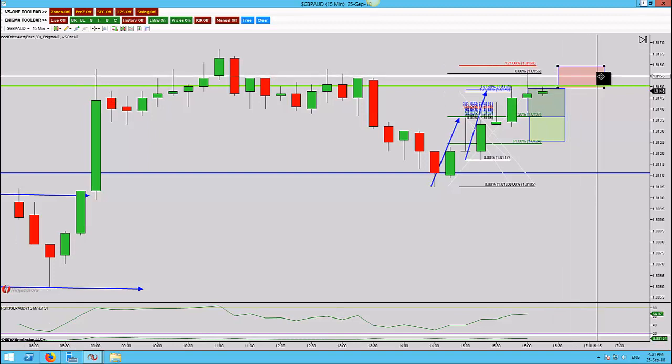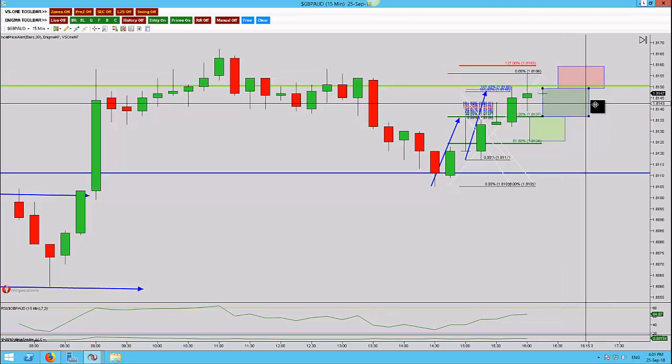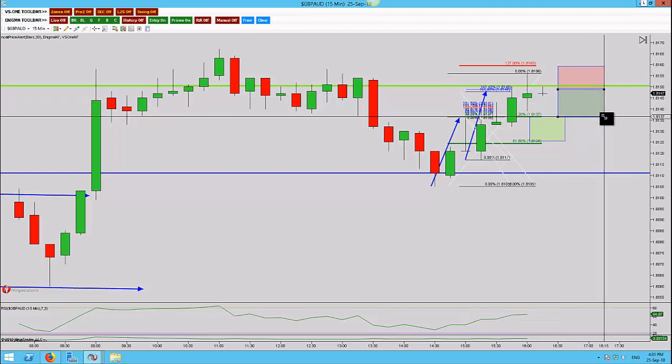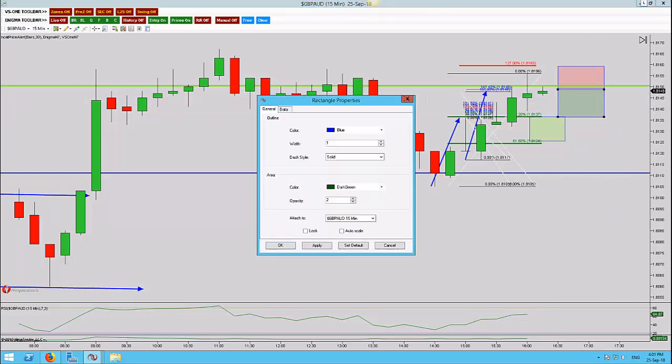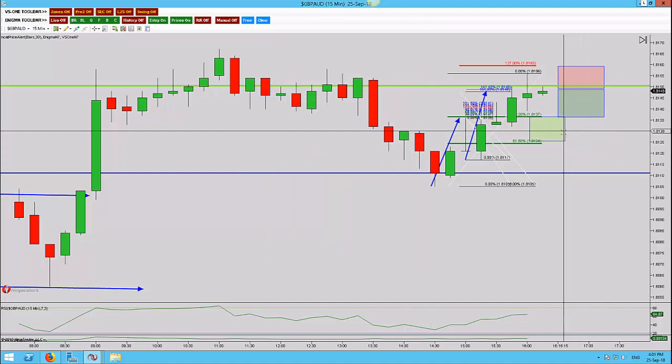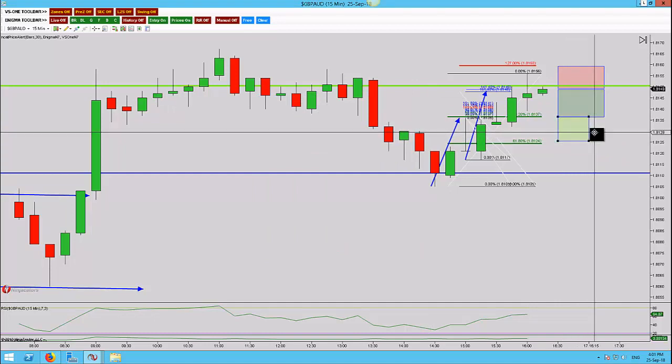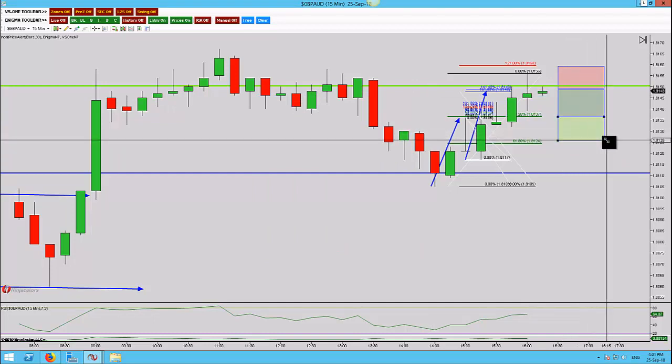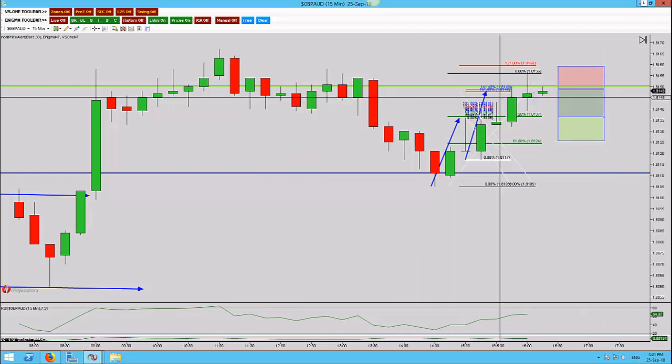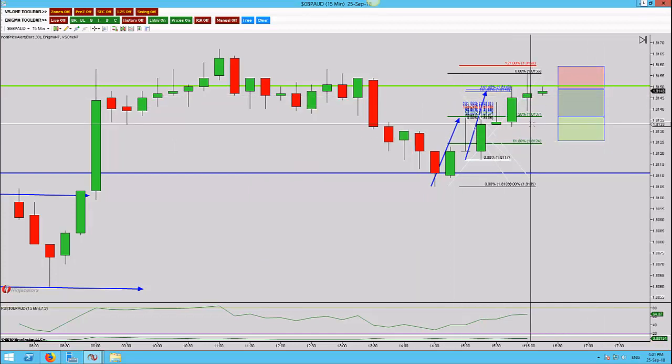Move these out of the way just so that we can see price action. And we've got an indecision candle there on the 15 minute, which is wicks either side and closing in the middle 15%. If we just have a look at the 5 minute, see what that looks like.